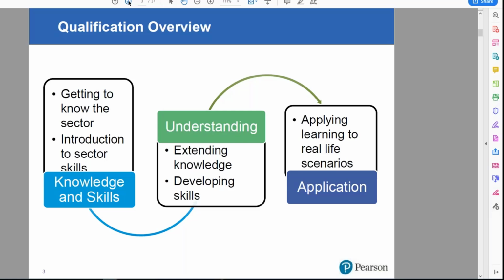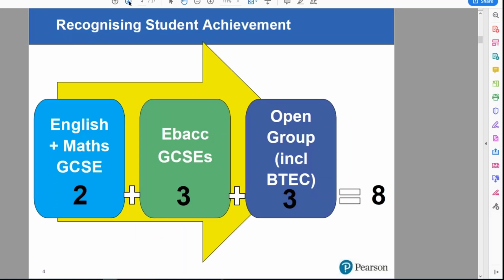Those were the requirements that the DFE laid out in order that any qualification in the IT vocational area would be deemed qualifiable to go onto the performance tables. So it does fit into the open group in terms of performance tables.